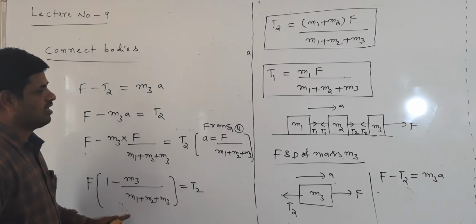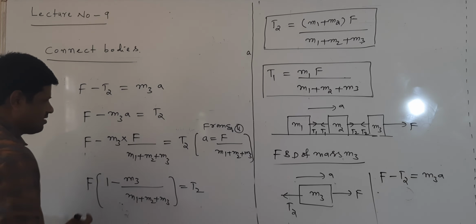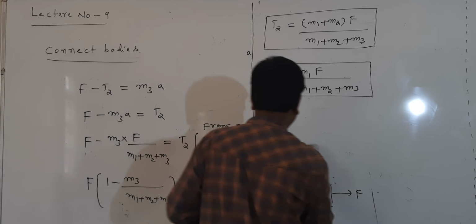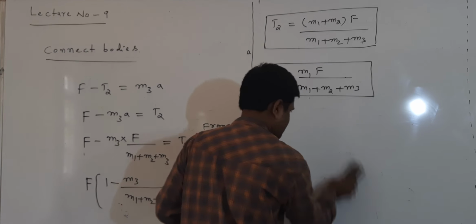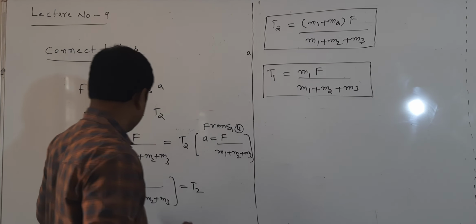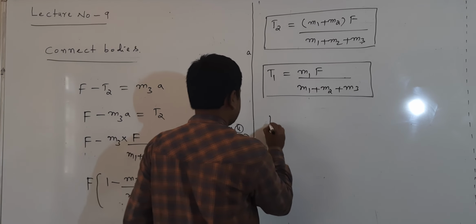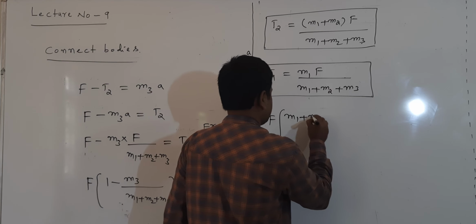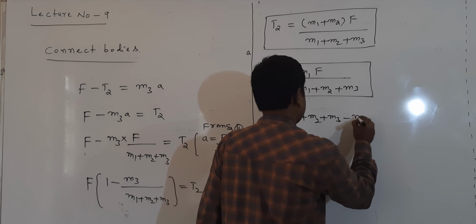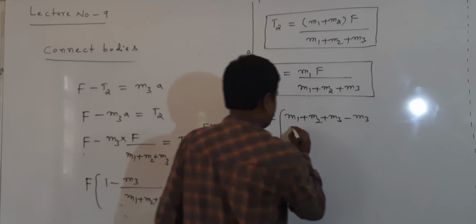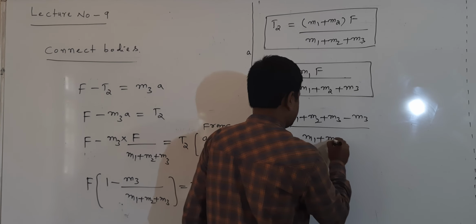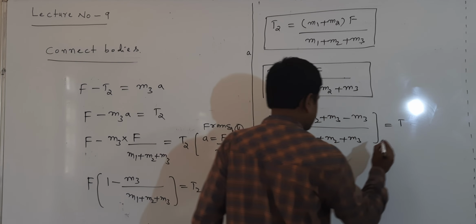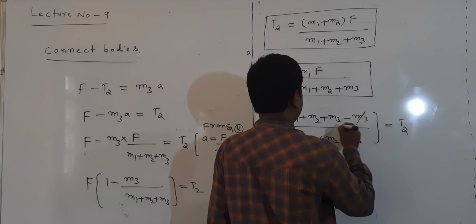Now we have to make the calculation and check whether we get the same value. Taking the LCM, we get F into (M1 plus M2 plus M3 minus M3) by (M1 plus M2 plus M3) is equal to the tension T2.